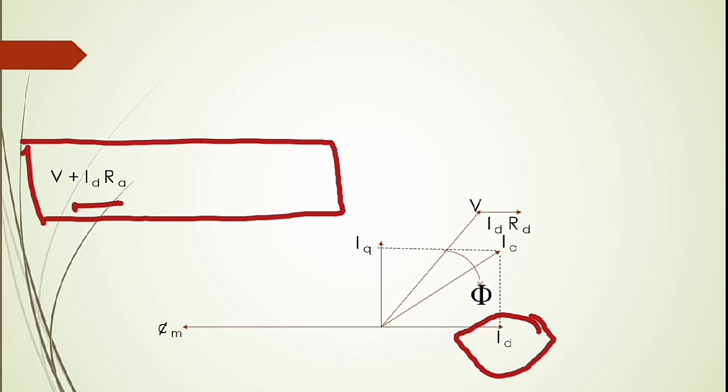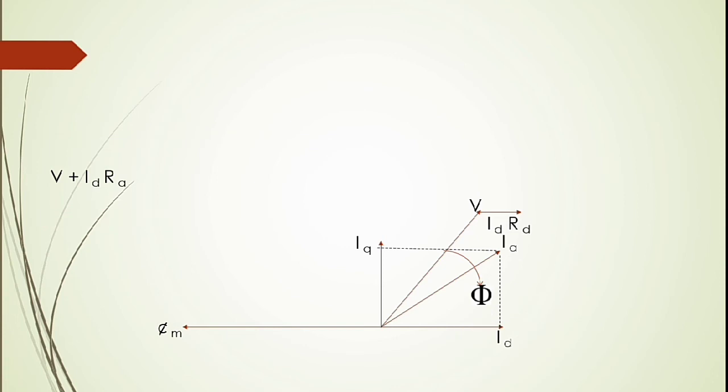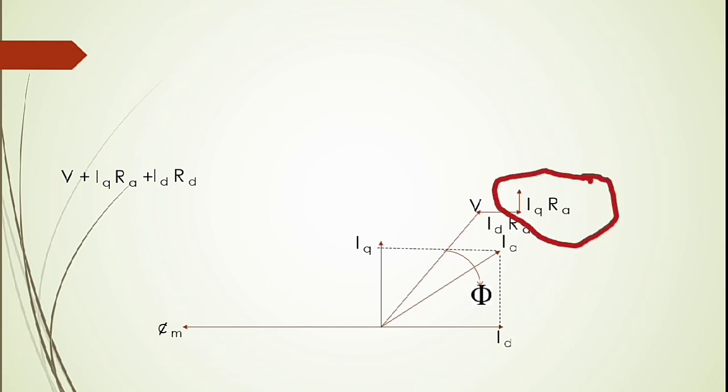Okay. Then the second one is IQRA. You see here V plus IQRA plus IDRA. So here we see IDRA. Then the second one is IQRA. So in parallel with IQ, we draw the voltage drop IQRA, the resistive drop.